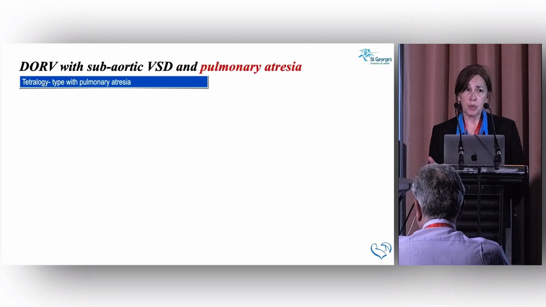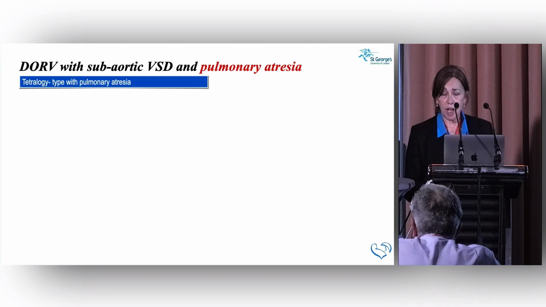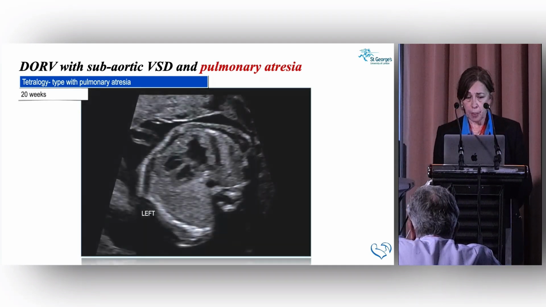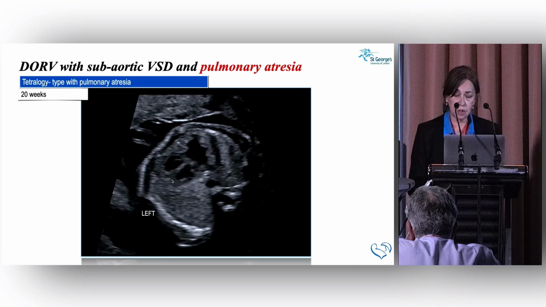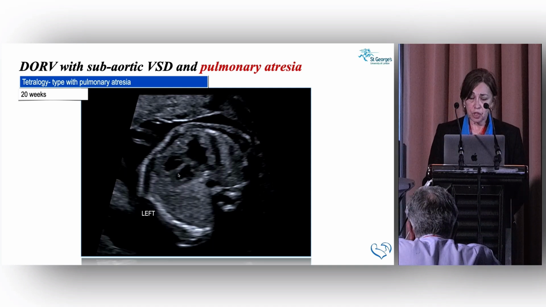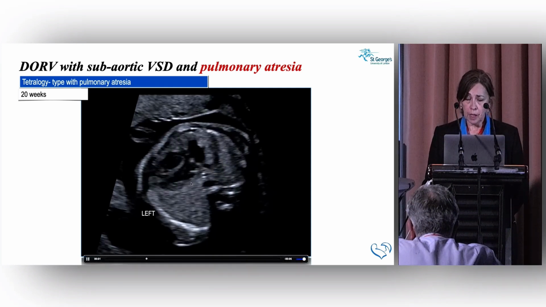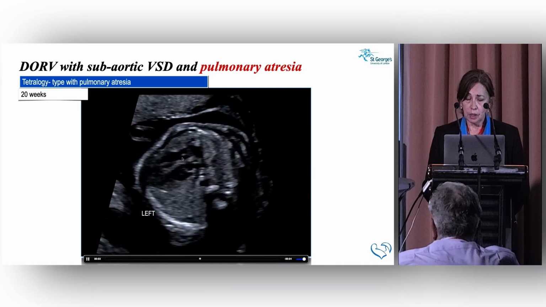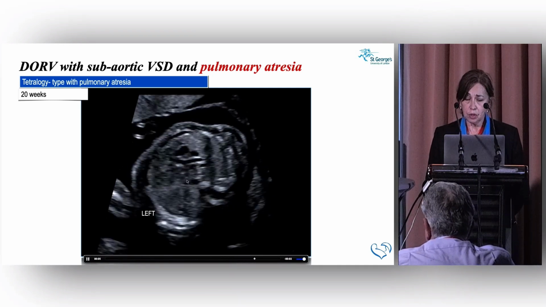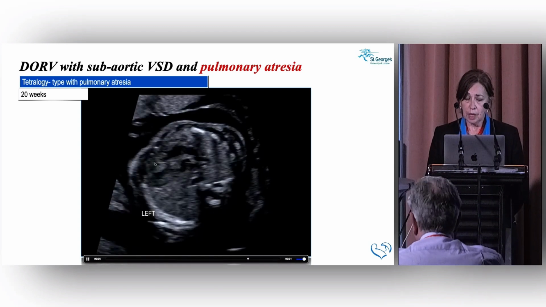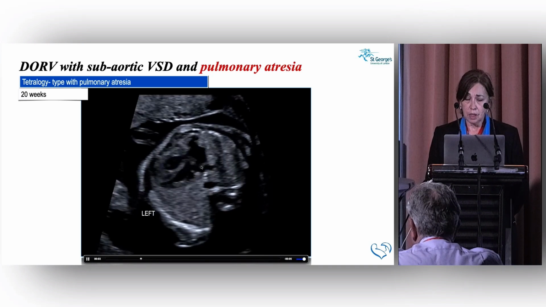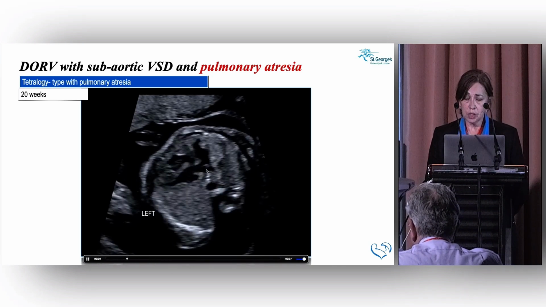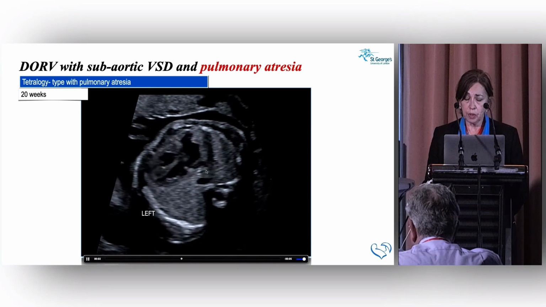And then we have the extreme of that, the subaortic VSD and pulmonary atresia. Against the tetralogy type, in this case here, we have deviation of the axis, which we see in some cases, not all of them. So four-chamber view, here's the VSD coming, the aorta coming from the right ventricle, and you don't see a pulmonary outflow tract here, but you do see branched pulmonary arteries when you come into the three-vessel view coming up.